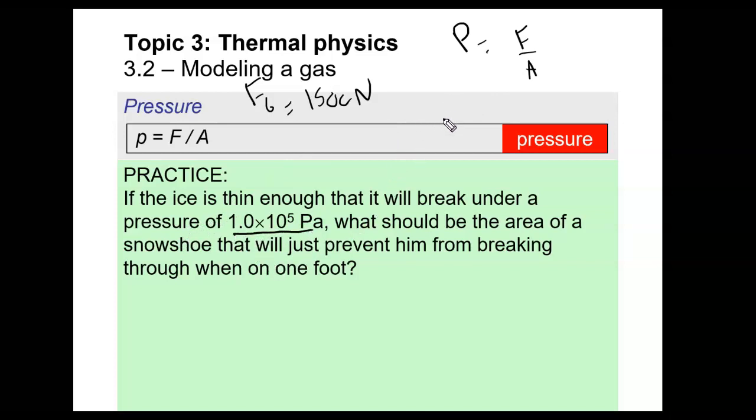Really, we need 1.0 times 10 to the 5 to be the maximum value. So we need F over A to be less than or equal to this value here, right? Because otherwise the ice is going to break.